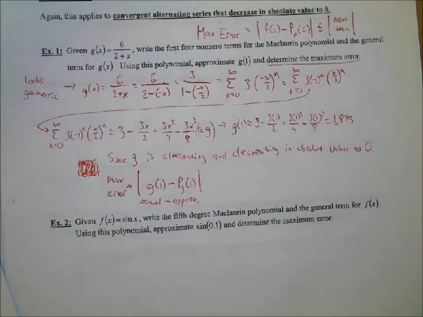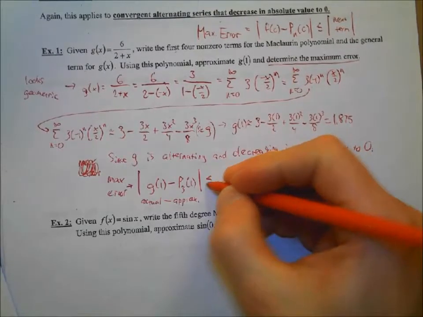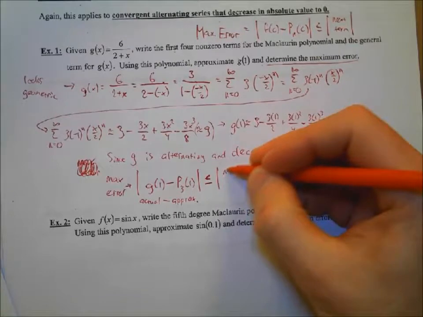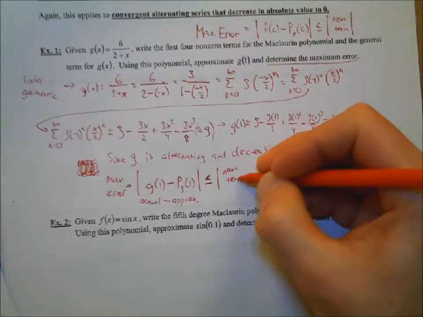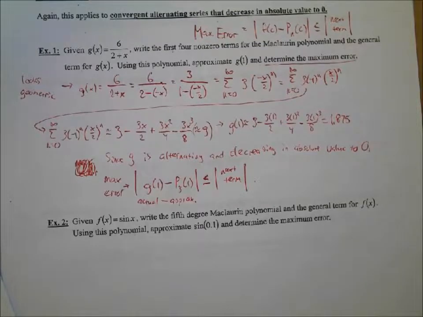But that, of course, is the formula for the actual error. We don't know what the actual error is, so we're going to use this to determine our quantity that we're off by. And that's going to be less than the absolute value of the next term. So how much we are actually off by must be less than or equal to that next term.